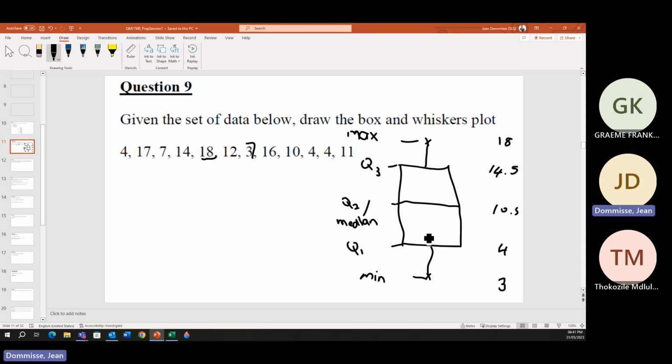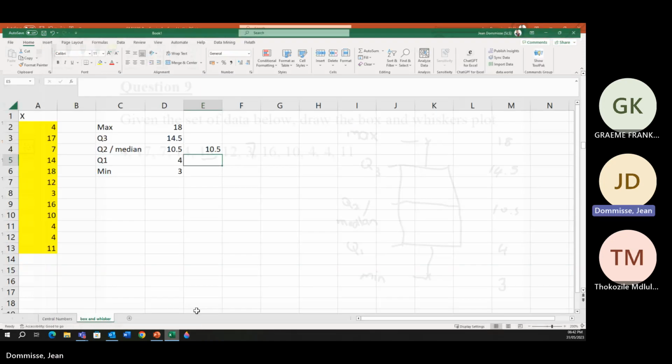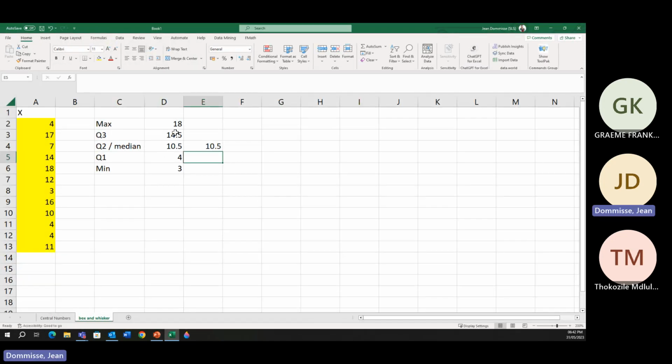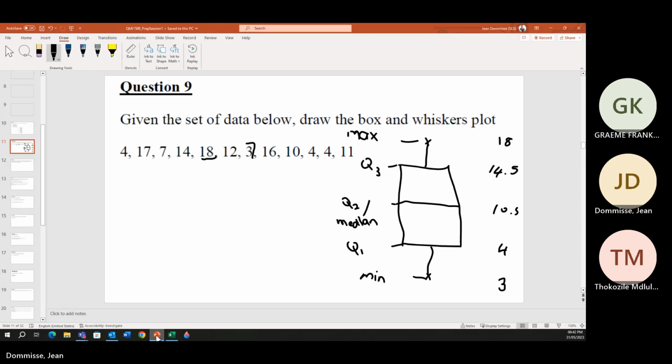And then normally it's easy to do the minimum and maximum. It's also sometimes easy to do the mean or the median if you arrange it, but then to do Q1 and Q3, I will again use the formulas that are provided. Okay, so that is on box and whisker.